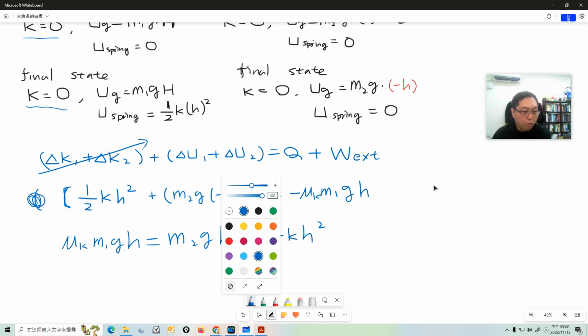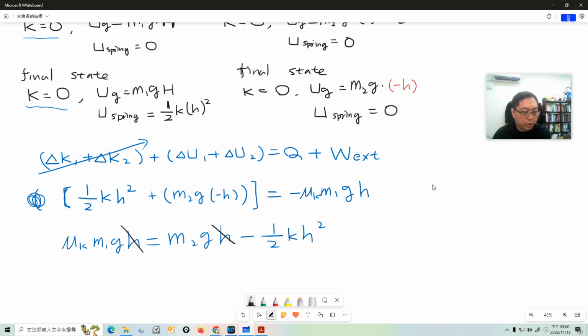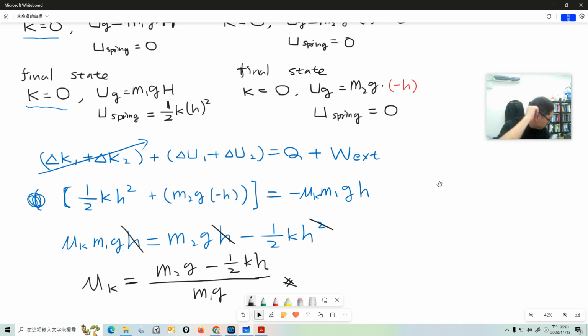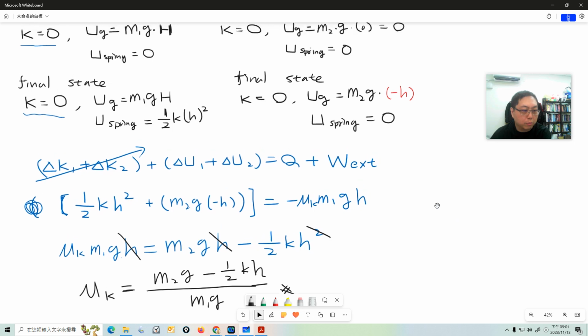We can divide out h, and finally our answer is mu_k equals (m2g minus 1/2 kh) over m1g. That's the answer to this problem. Let me check my answer. Yes, that's right. So that's the whole calculation process of this problem.